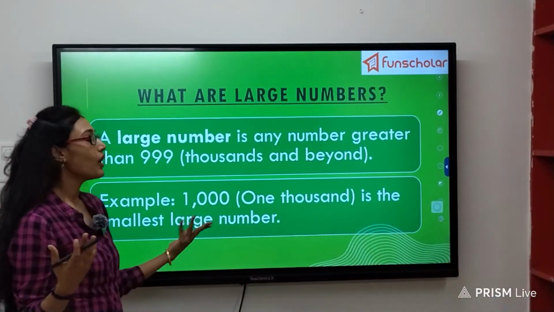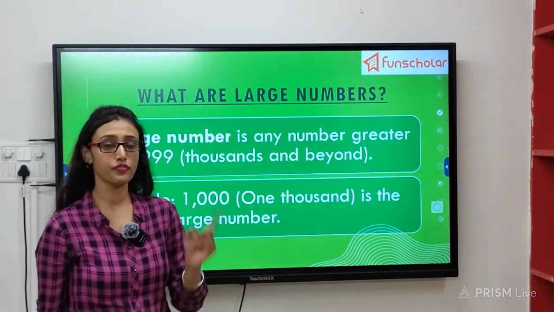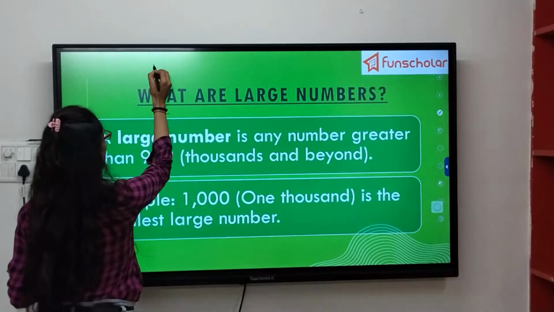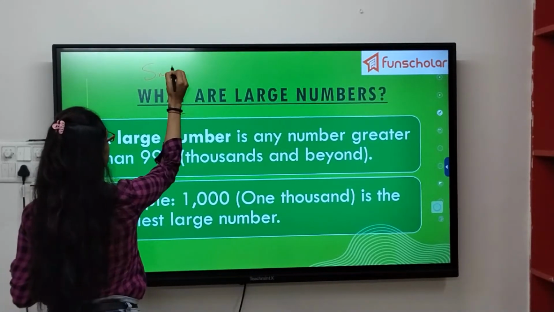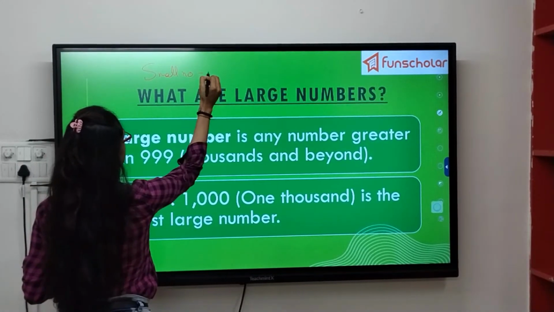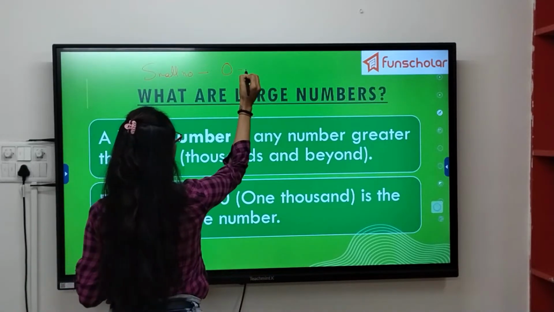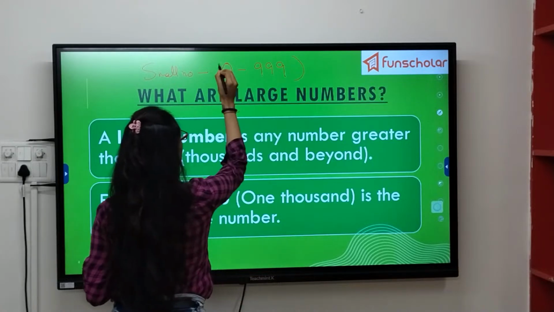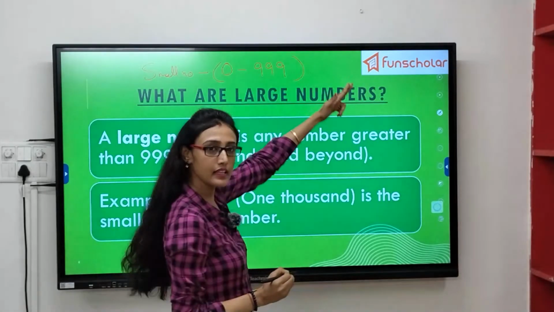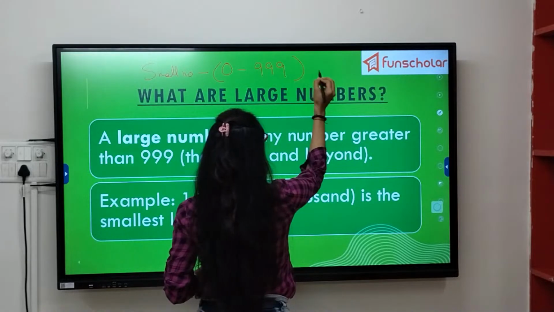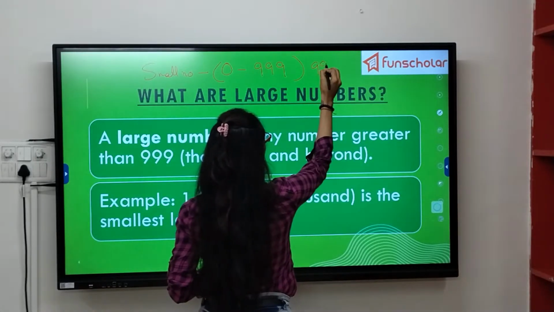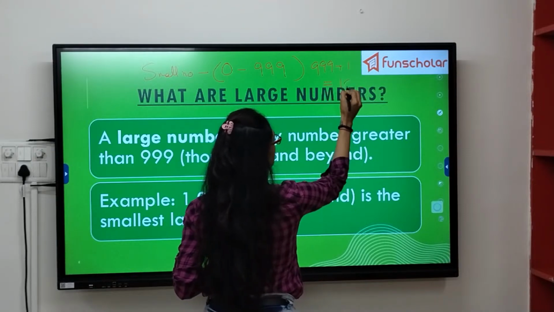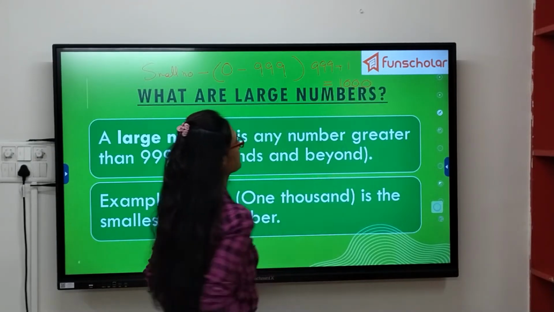Now, what are large numbers? So, firstly, we have to know what is small number. Small numbers are basically from 0 to 999. Number greater than this. If I add 1 with 999, it becomes 1000.